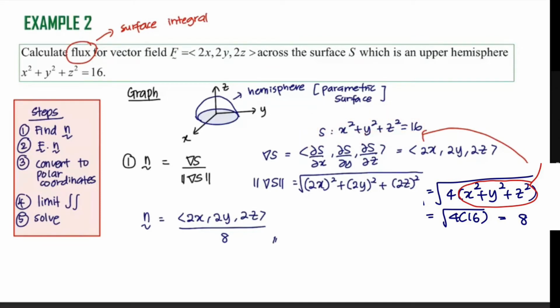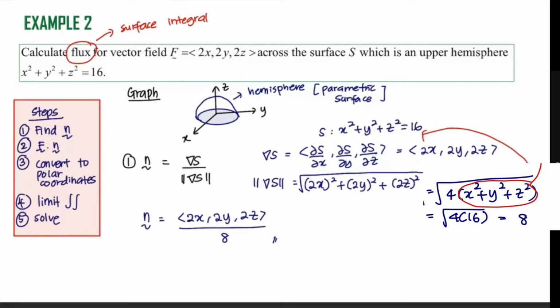And then to find del S, differentiate S with respect to x. That's why you get 2x here. And then differentiate with respect to y, you will get 2y. And then differentiate with respect to z, you will get 2z.